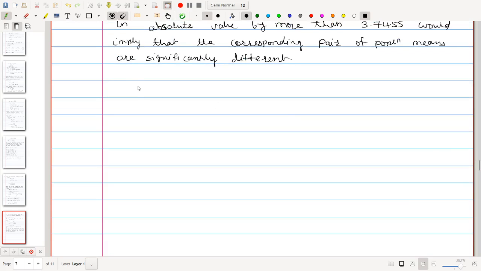So first take the absolute difference of ȳ1. minus ȳ2. Now we already know these values.